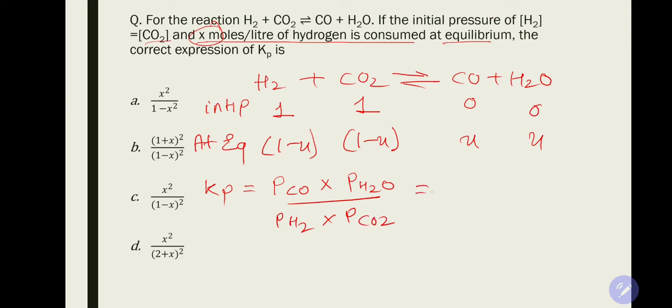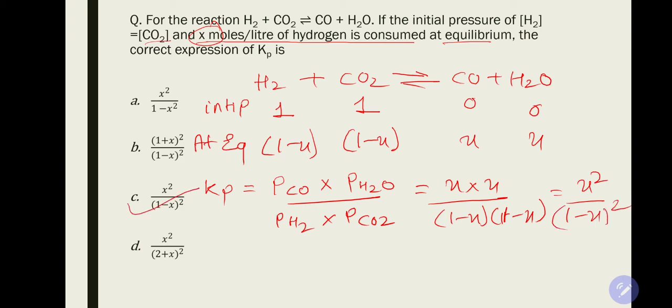Which is x into x upon 1 minus x into 1 minus x. So it is x square upon 1 minus x the whole square, is your answer. Got it? Now let's move to the next question then.